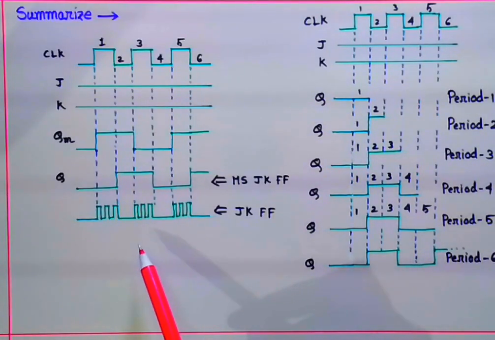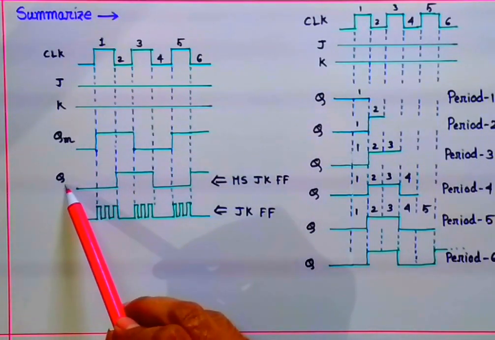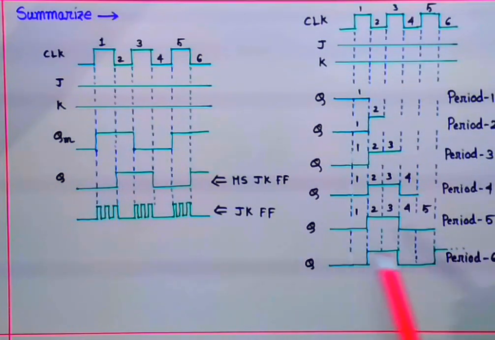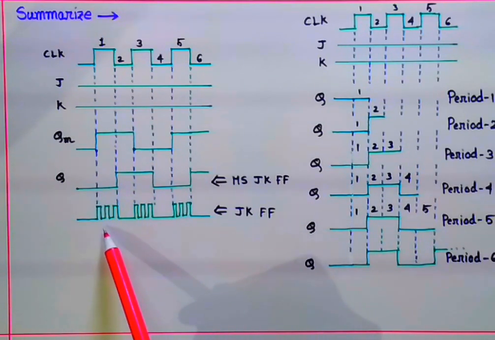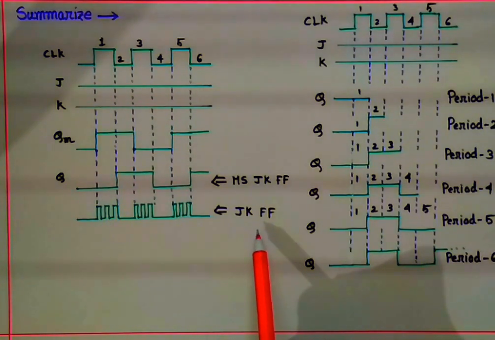Now notice this summarized timing diagram. Here I have drawn both QM and Q. This Q is similar to this Q timing diagram. And this is the timing diagram for Q of the JK flip-flop.